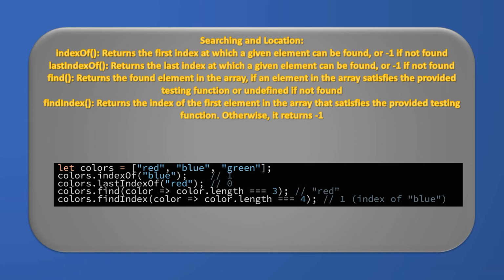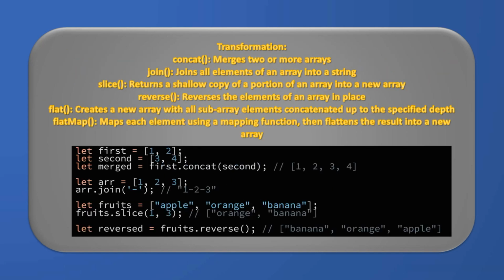The find method returns the found element in the array if an element satisfies the provided testing function, or undefined if not found. The findIndex method returns the index of the first element in the array that satisfies the provided testing function, otherwise it returns -1.